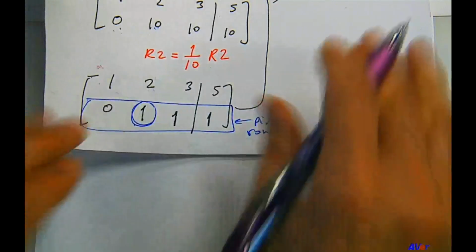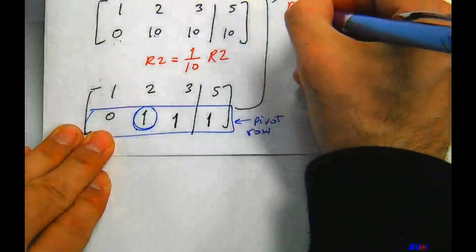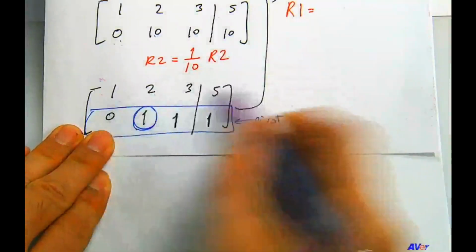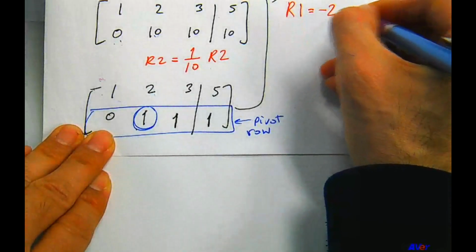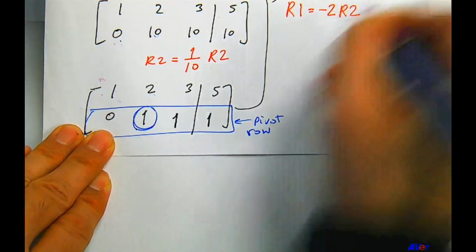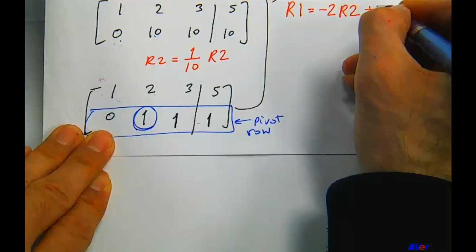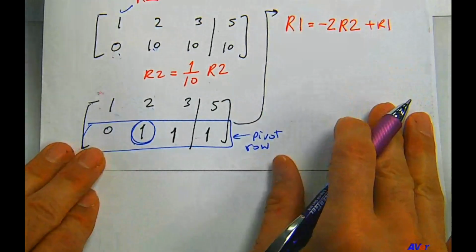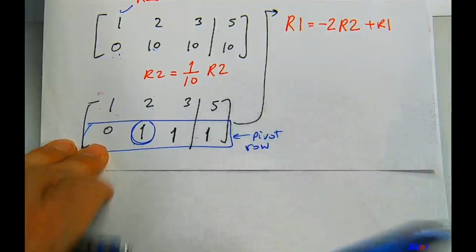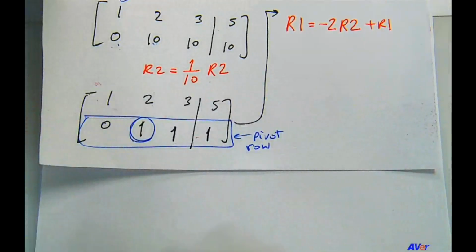So let's do that. Row 1, which is the row we're changing, because the 2 is in row 1. Row 1 is equal to minus twice row 2, which is the pivot row, plus row 1. Okay, let's write the next matrix.